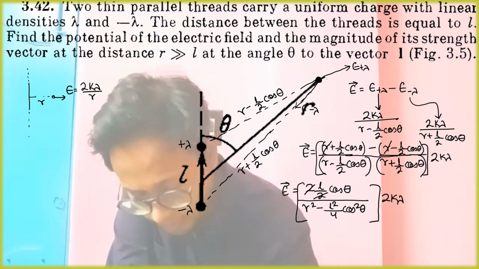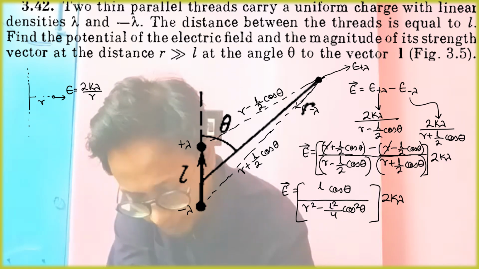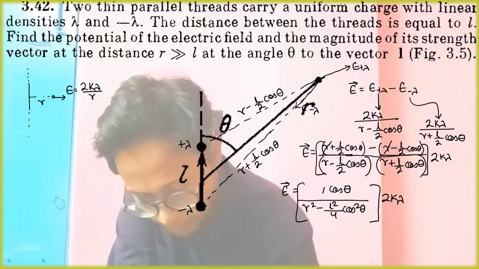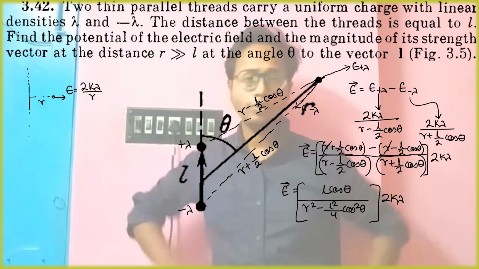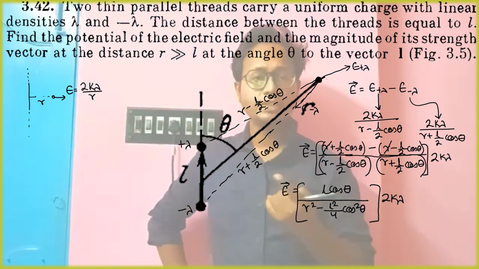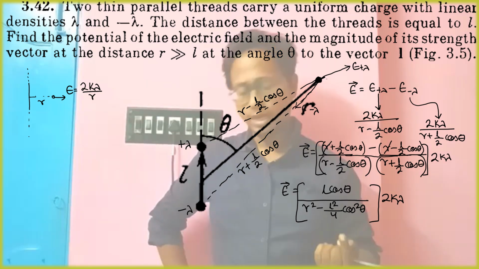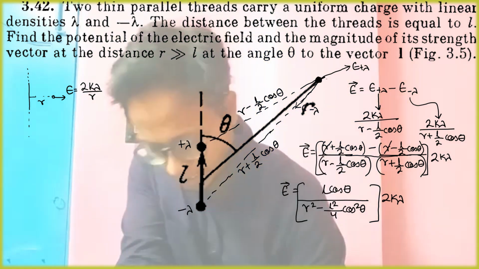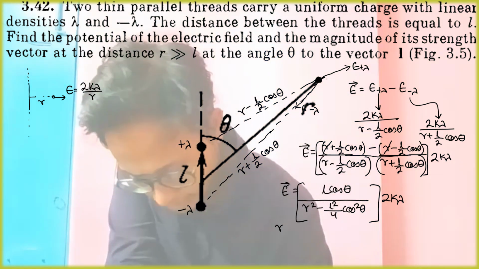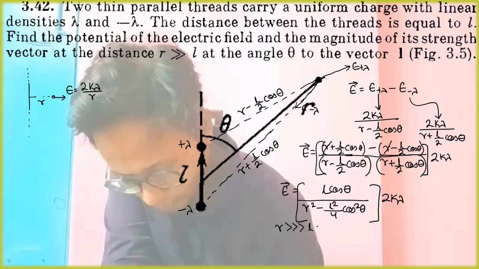Now let's cancel out this 2 and 2, which is nothing but L cos theta by r square minus L square by 4 cos square theta. Now this value, L square by 4 cos square theta, is very small when compared to the distance r. Assuming r is much greater than L, what will happen?